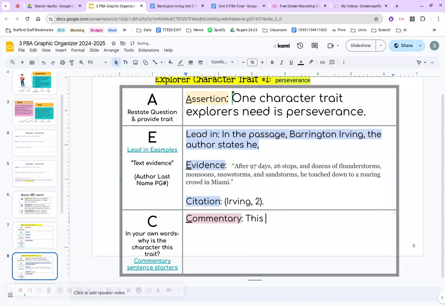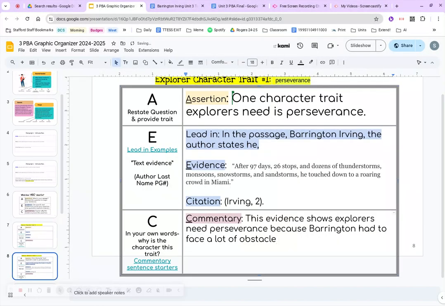This evidence shows explorers need perseverance because Barrington-Irving had to face a lot of obstacles to achieve his goal.